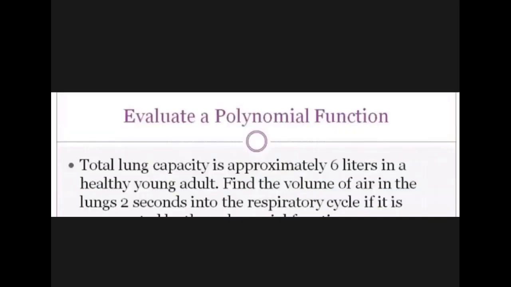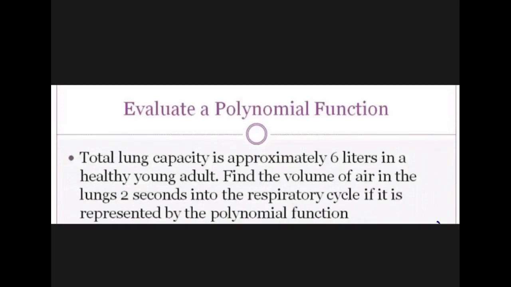Example number 1 says the total lung capacity is approximately 6 liters in a healthy young adult. Find the volume of air in the lung 2 seconds into the respiratory cycle if it is represented by the polynomial function below. So volume is always in cubic units.